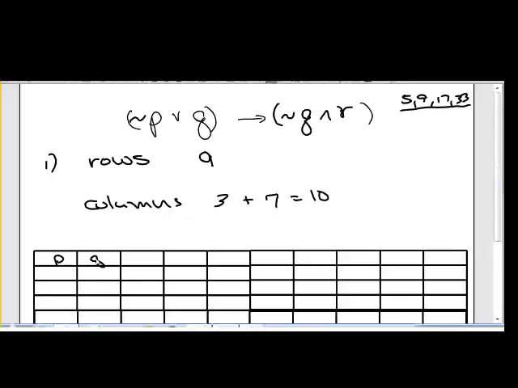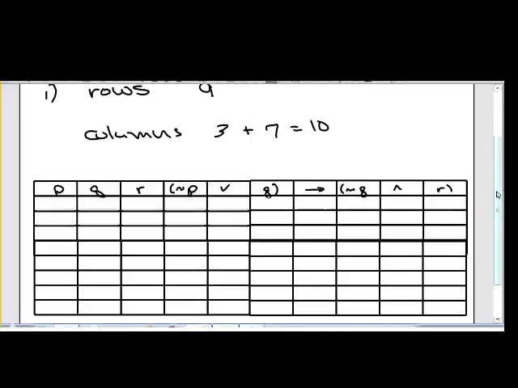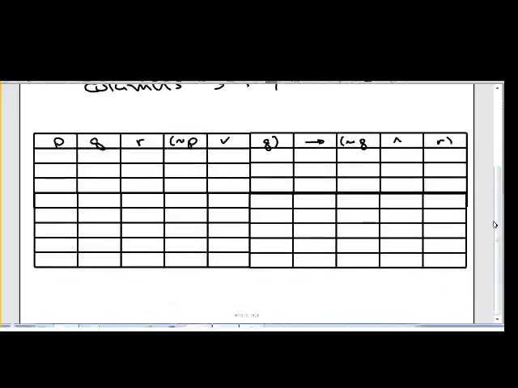So we're going to fill out the columns, P, Q, R, and then we write our logic statement. Like that. So now I can move it up because I have everything.